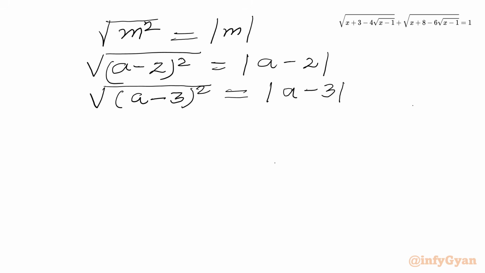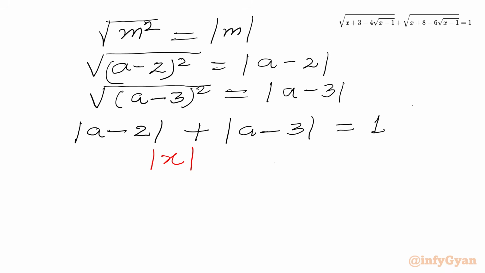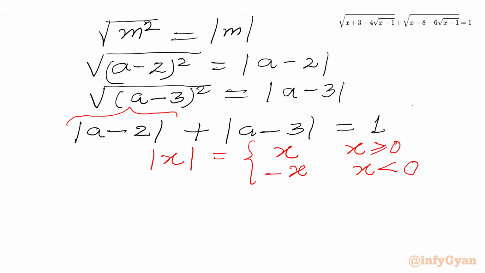So our equation can be written as mod a minus 2 plus mod a minus 3 equal to 1. Now we have the definition of the absolute value function, which says mod of x will be equal to x if x is greater than or equal to 0, and it is minus x if x is negative. So we have two modulus, mod of a minus 2 and mod of a minus 3.